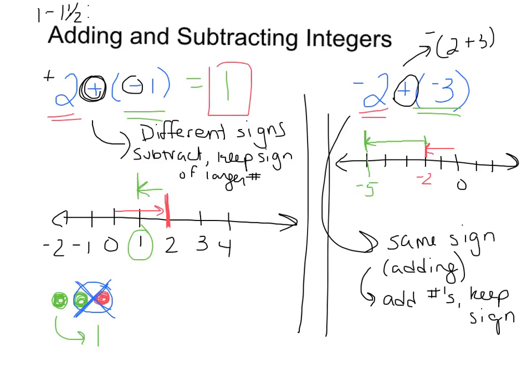So in this case, I have 2 minus 1, which would give me 1. Since 2 is larger than 1 and the 2 is positive, my answer will be positive as well.